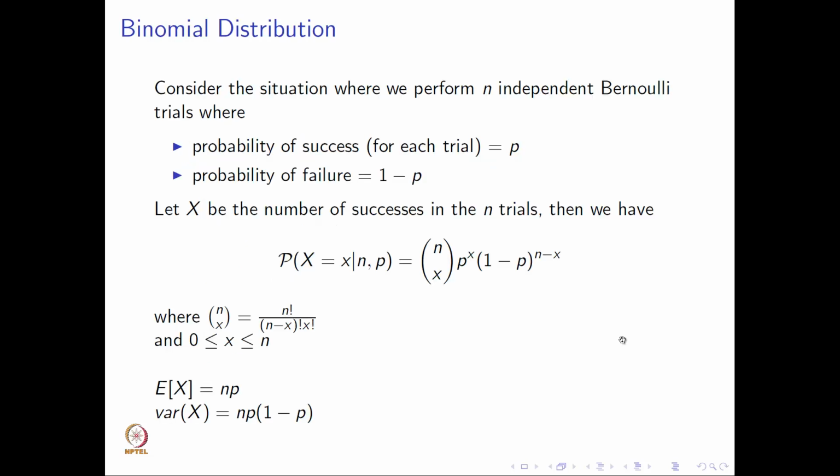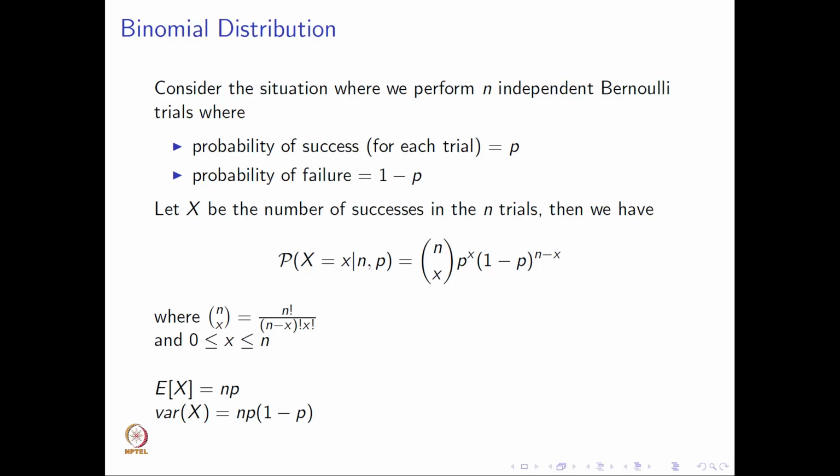Next, we look at the binomial distribution. Consider the situation where we perform n independent Bernoulli trials where the probability of success for each trial equals p and the probability of failure for each trial equals 1 minus p. Let x be the random variable which represents the number of successes in the n trials.